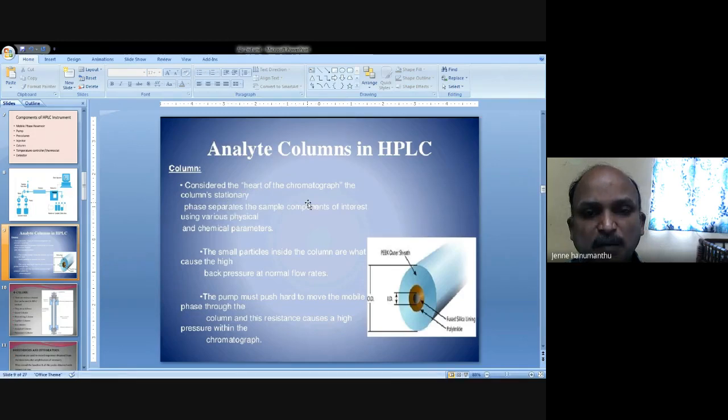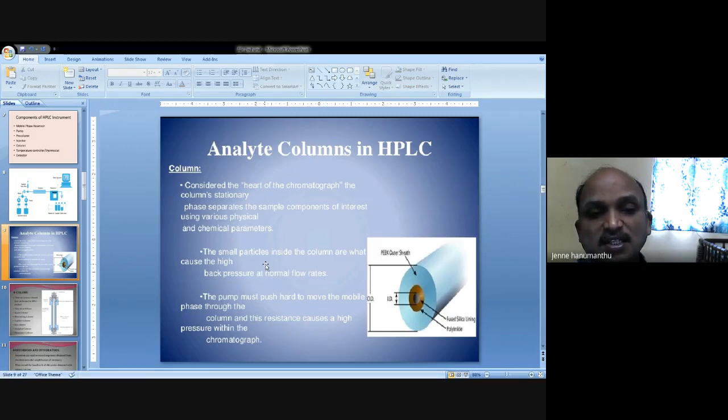Separate the sample components of interest using various physical and chemical parameters. The small particles inside the column cause high back pressure at normal flow rate.